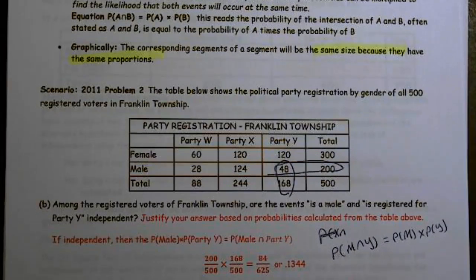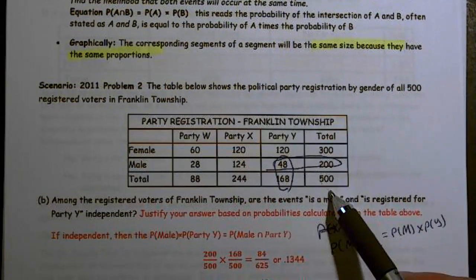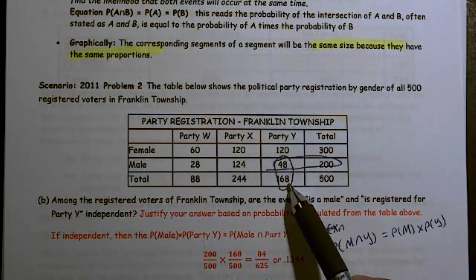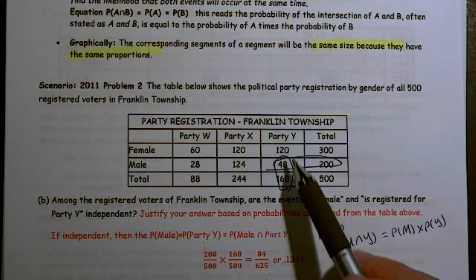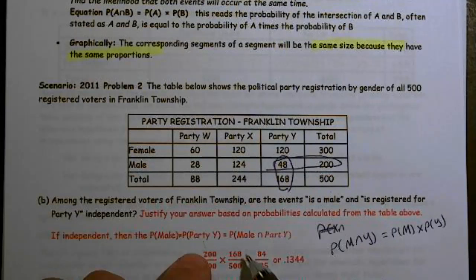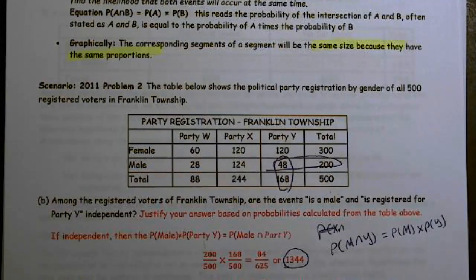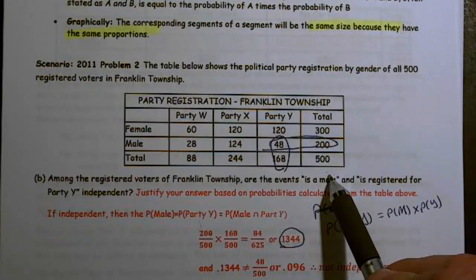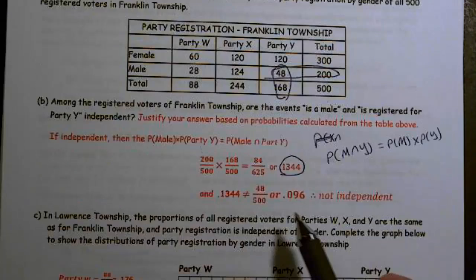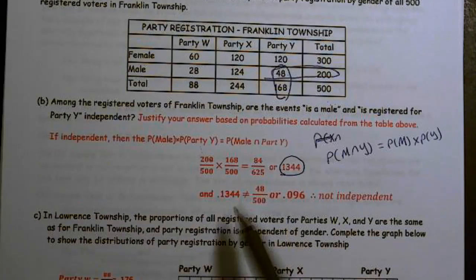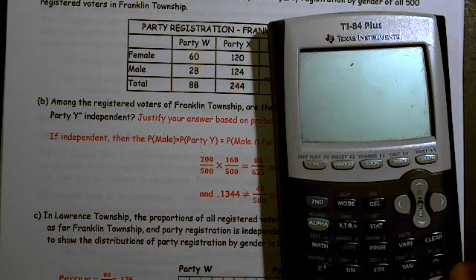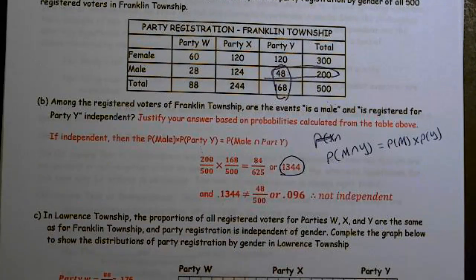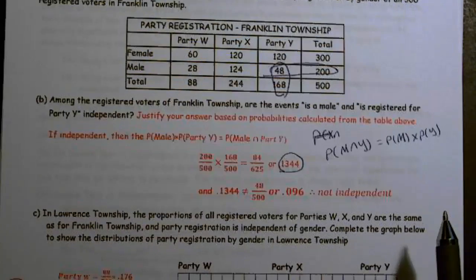So in this case, 200 out of 500 are male, and 168 out of 500 belong to Party Y. When I multiply that out, I end up getting 0.1344. However, my intersection is 48 out of 500, and 0.1344 does not equal 48 over 500. So because it's not equal, they're not independent.